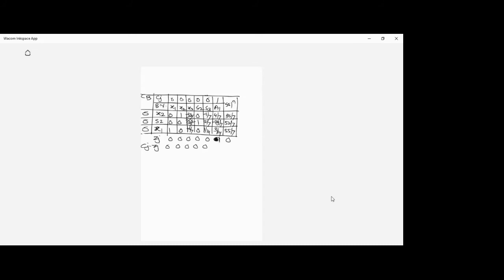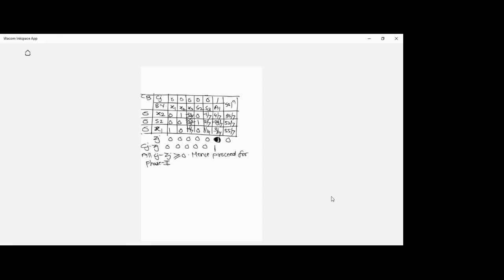So all Cj minus Zj values are greater than or equal to 0. Hence, proceed for phase 2.